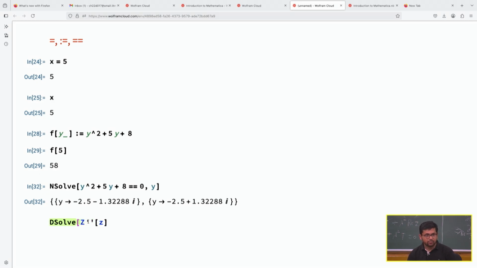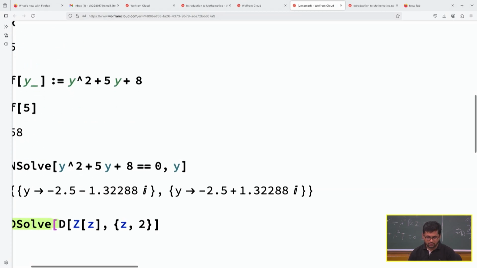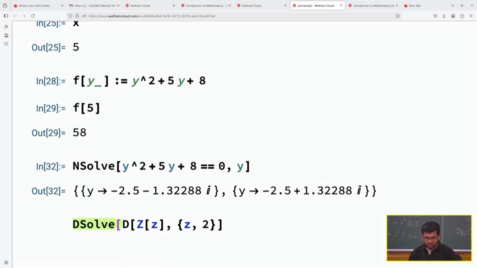If I put a double dash there, it will automatically understand that it is differentiation with respect to z, or you can do it another way also. You can put Z of z, comma, z, comma, 2. So, this is how I think I have told you to differentiate. Is it fine now?